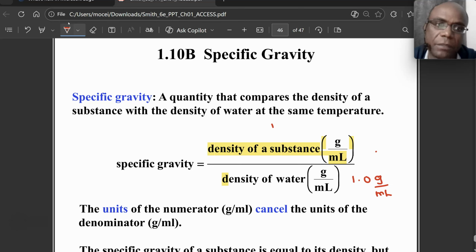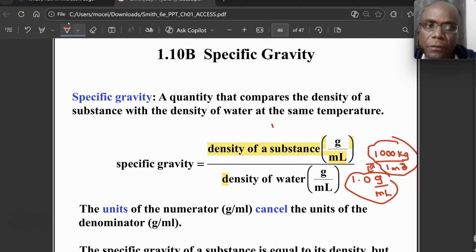This can also be written as 1,000 kilograms per meter cubed. So we can use either. When we are working with grams, we can use this. When you're working with kilograms, we can use that for the density of water.